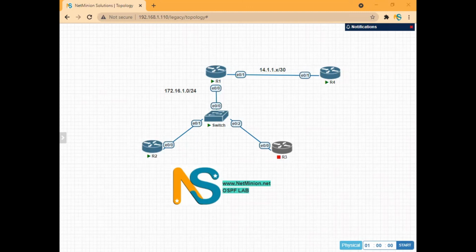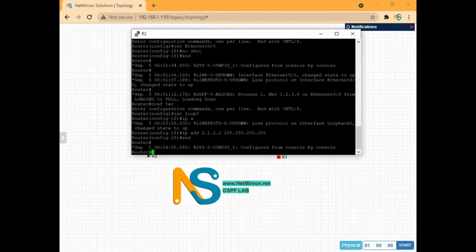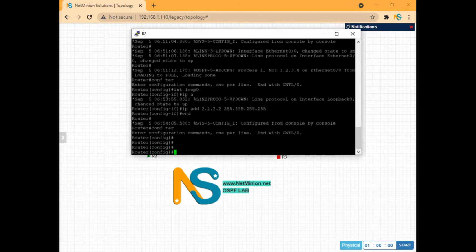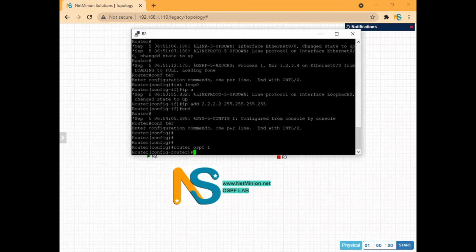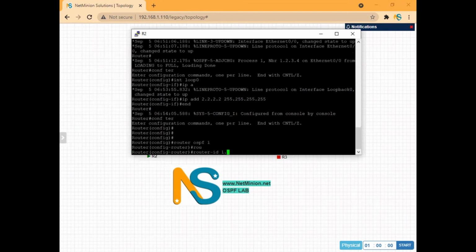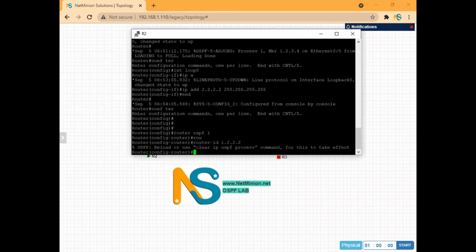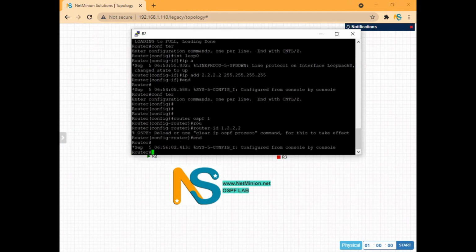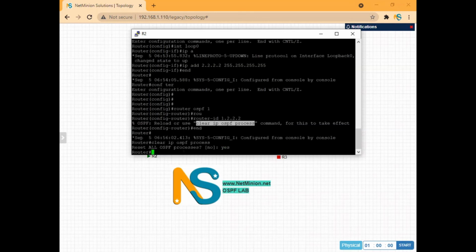But let me show you, if I change the router OSPF 1 router ID to 1.2.2.2, it says you need to clear. So let me clear this: clear IP OSPF process. I am saying yes.